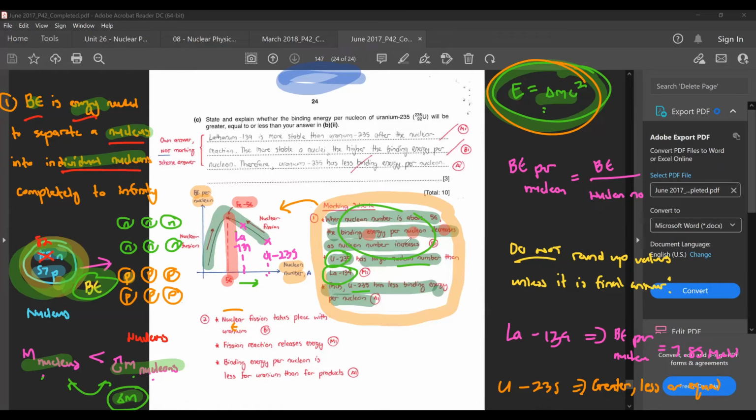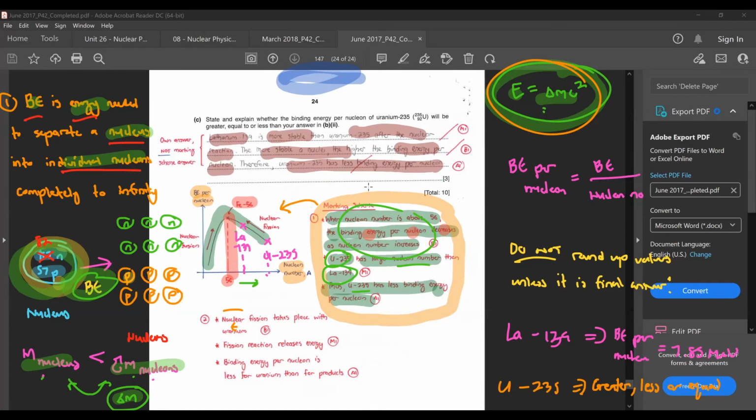All right. Now, the one that's written in pencil is my own answer. This one should also be more or less acceptable. You notice that I wrote here that lanthanum-139 is more stable than uranium-235 after the nuclear reaction. The more stable a nucleus, the higher the binding energy per nucleon. Therefore, uranium-235 has less binding energy per nucleon.